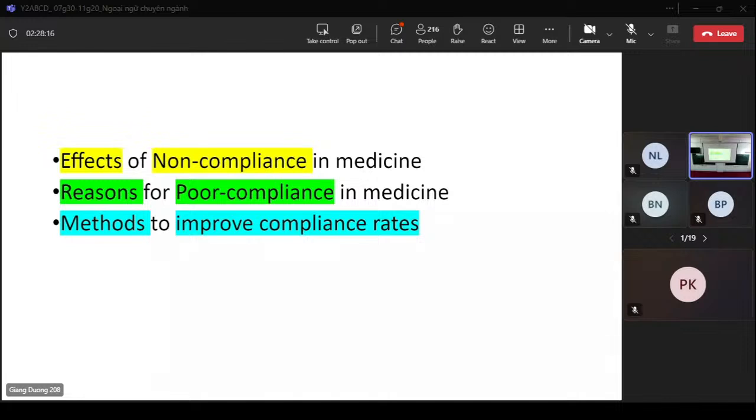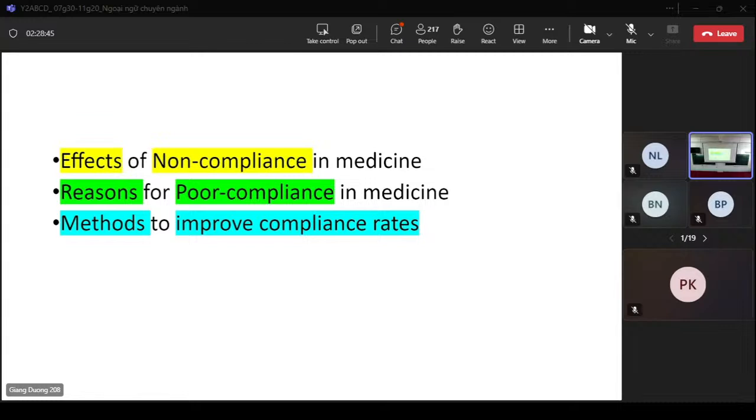About the effects of non-compliance in medicines, I think if a patient does not follow the doctor's prescriptions, they may take the medicine more than enough or less than enough, or don't take medicine regularly.